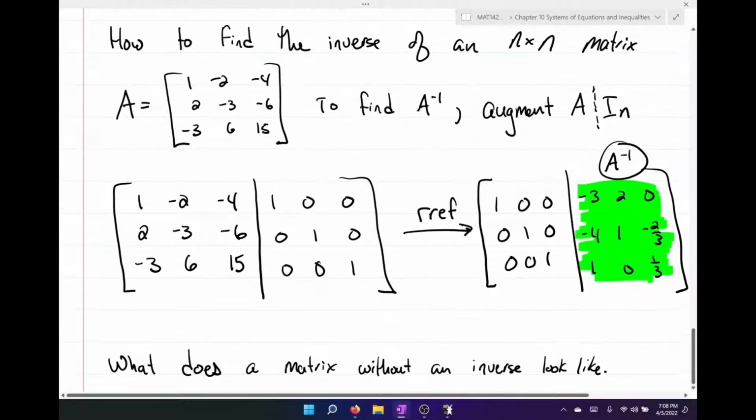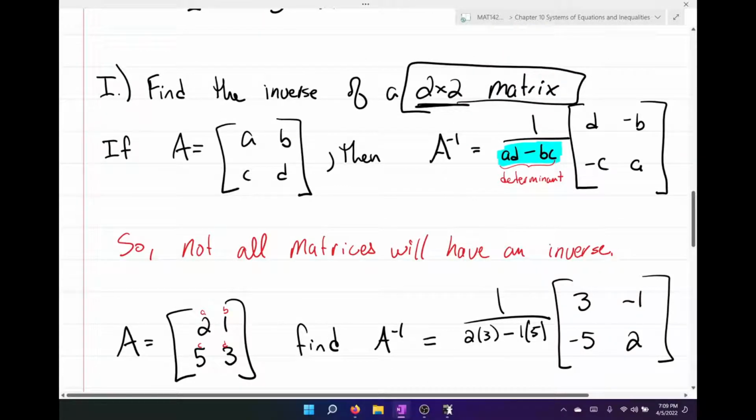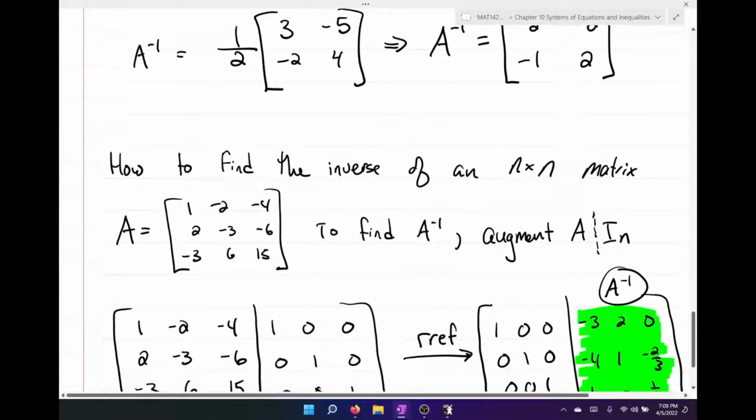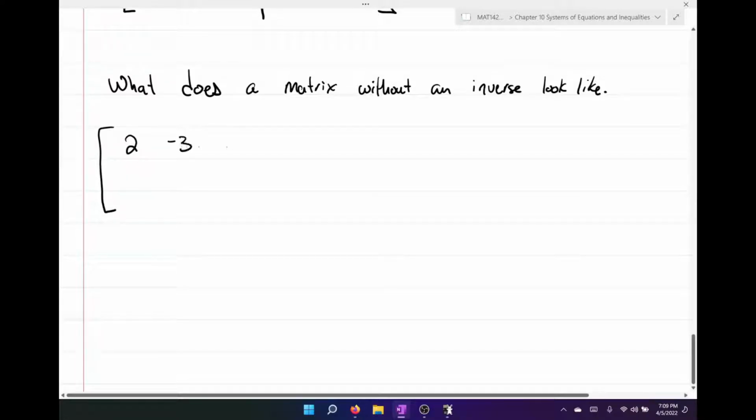Because up here in the very first example that we did, remember that determinant right here, if that determinant is equal to 0, then you know this doesn't have an inverse. However, what does that look like if you were using your calculator? So here's another matrix right here, and we're going to augment it with its identity.